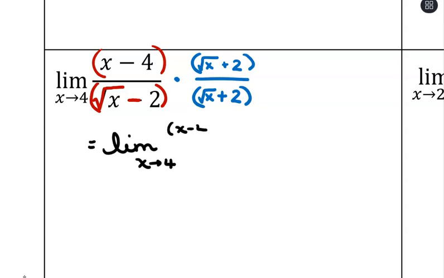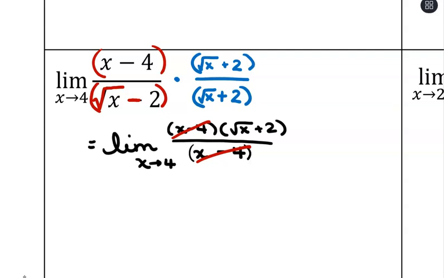So we'll have an x minus 4 times a square root x plus 2 over, and then this will be our difference of squares, so square root of x times square root of x is just x, and then negative 2 times positive 2, so we'll have a minus 4. And there we can actually see our common factors.